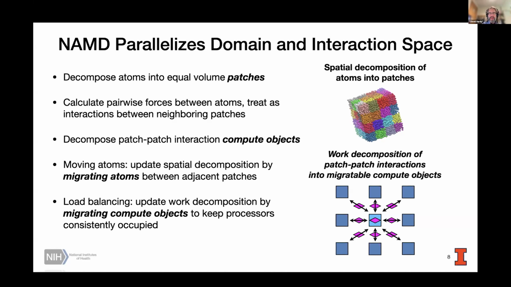And so we can decompose these patch-patch interactions as compute objects. And that gives us a lot of work that we can decompose, to run this all in parallel. So it's not just a spatial decomposition of patches, but then we can move these compute objects around as well. And that really is the bulk of the computational work that we're doing at each step. And so then for load balancing, we can migrate these compute objects to try and keep all the processors consistently occupied.